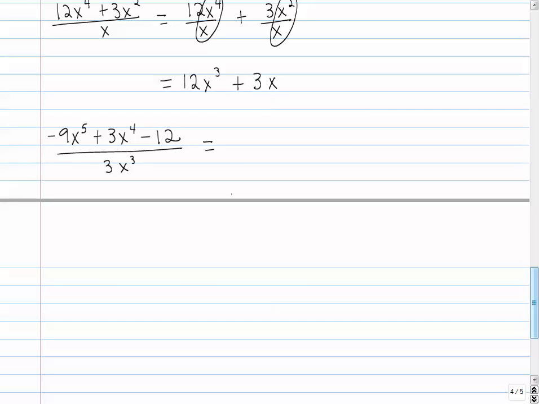Okay, your first step is just to write each term in the numerator over 3x cubed. So we'll put negative 9x to the fifth over 3x cubed plus 3x to the fourth over 3x cubed minus 12 over 3x cubed.